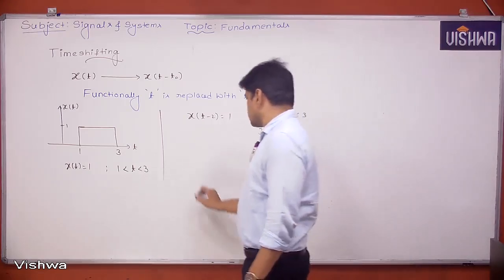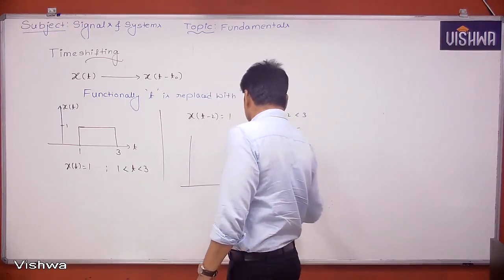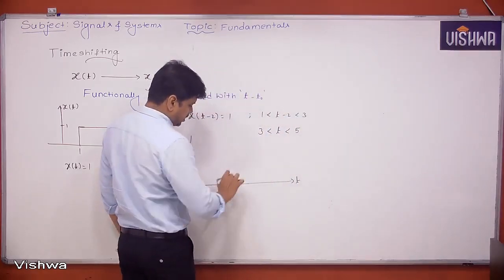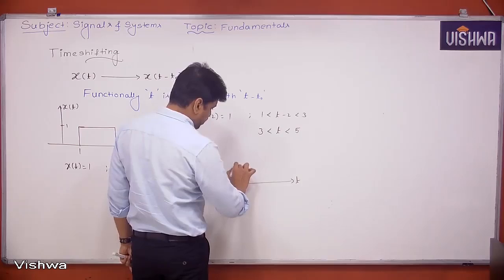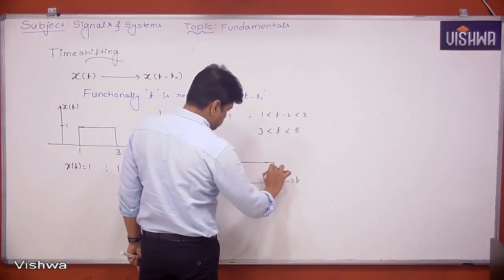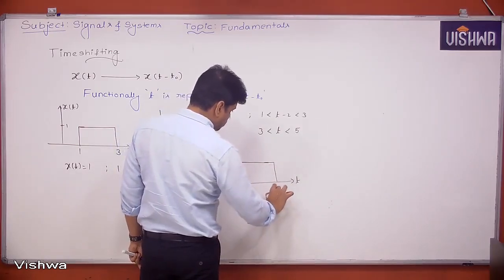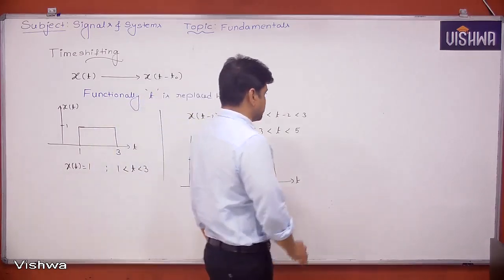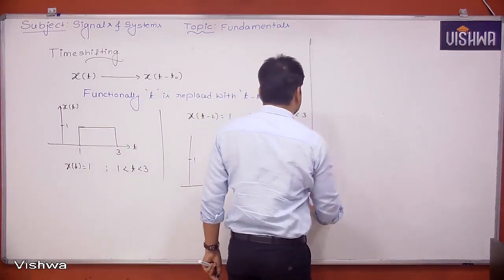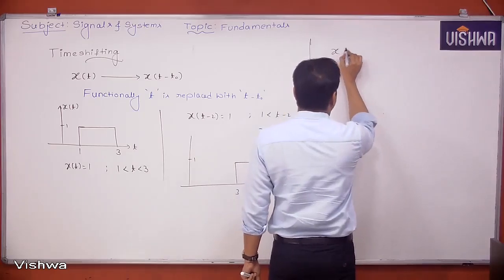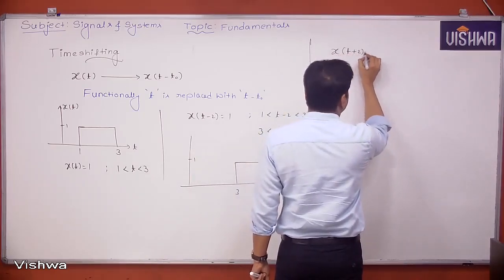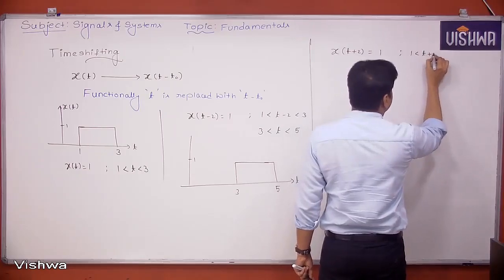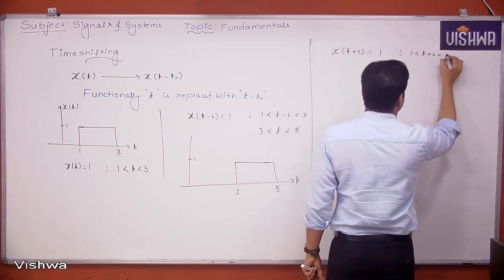Now if I draw this signal, how does it look? It is existing between 3 and 5, whose amplitude is 1. That's the meaning of it. Next, if I draw x of t plus 2, its value is equal to 1 when 1 is less than t plus 2, less than 3.